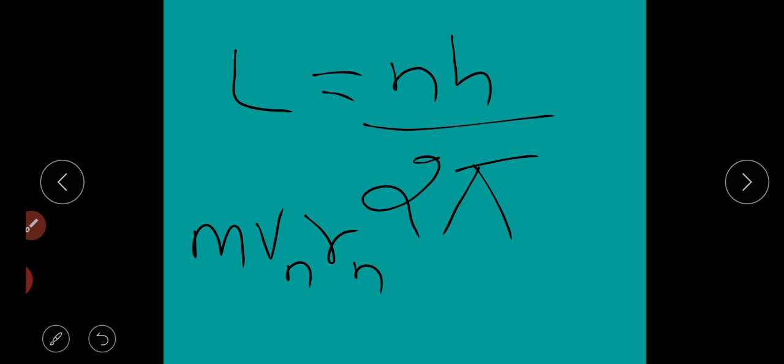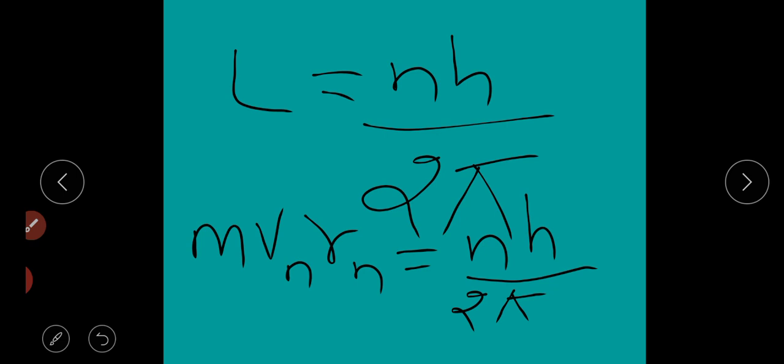So for the nth orbit, mvr is equal to nh divided by 2 pi, where r is the radius of the orbit and v is the velocity of the electron.